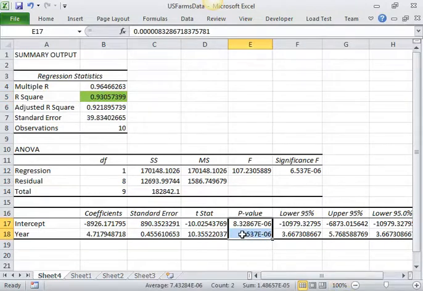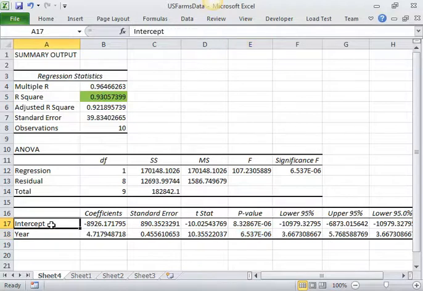Now, the p-value is basically the percentage chance that this factor is not related to the dependent variable. Now, with a p-value of 8.32867e negative 06, you may not know what that means. That's scientific notation.